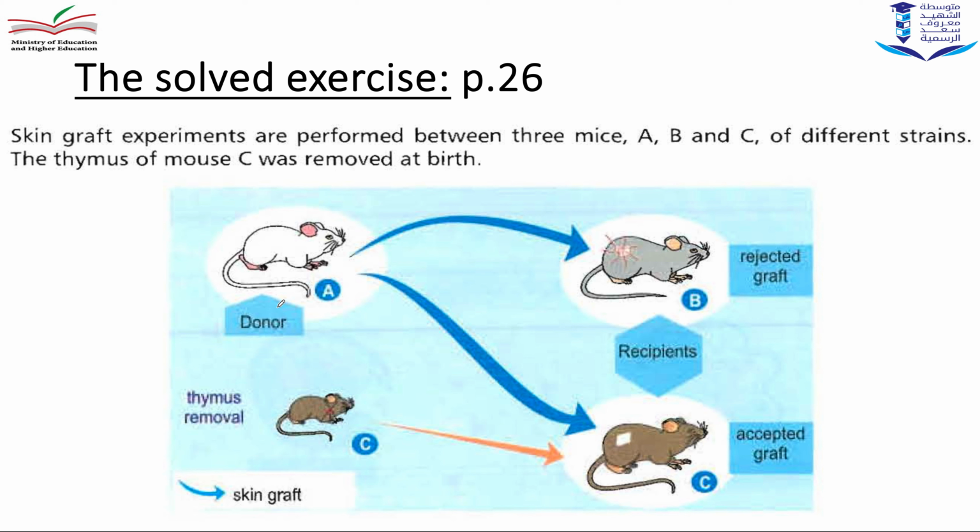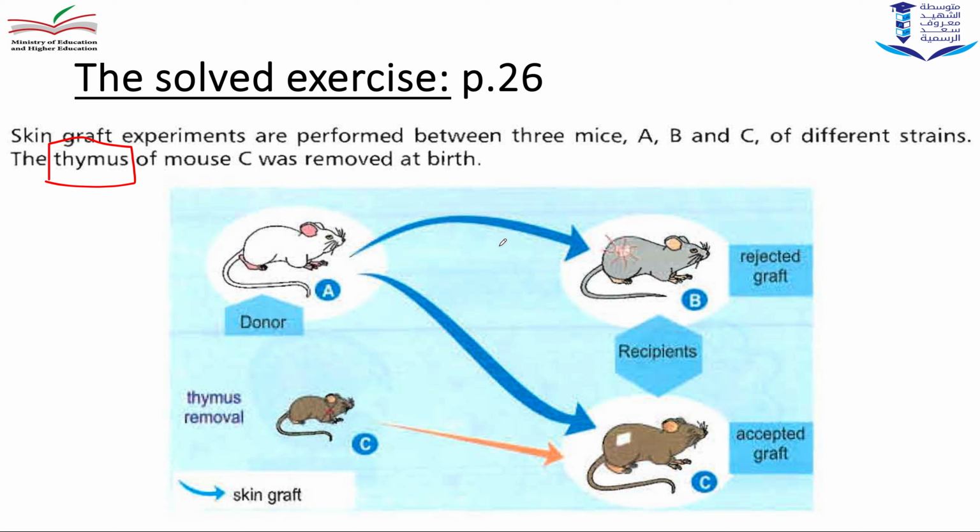So here we have 3 mice, and we want to study if the thymus is the organ responsible for the destruction or elimination of the graft. So we are performing this experiment in order to know if the thymus is responsible for the graft rejection or not. We want to know what is the organ responsible for the graft rejection.